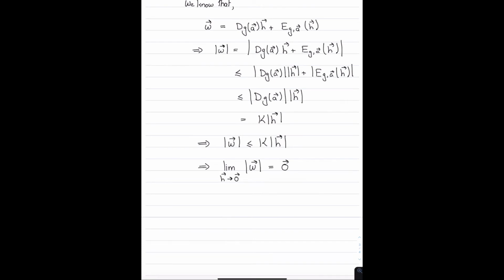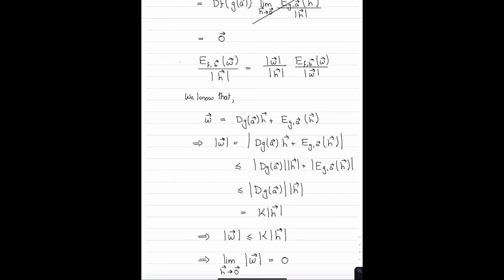Because if h approaches the 0 vector, this entire thing goes to 0, which by the squeeze theorem implies that the norm of vector w also goes to 0, not the 0 vector because it's a norm. But this itself implies that the limit as vector h approaches the 0 vector of the vector w is equal to the 0 vector. So this is in fact all the information we need.